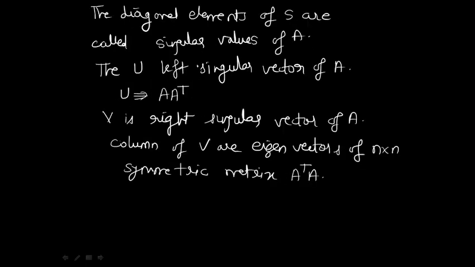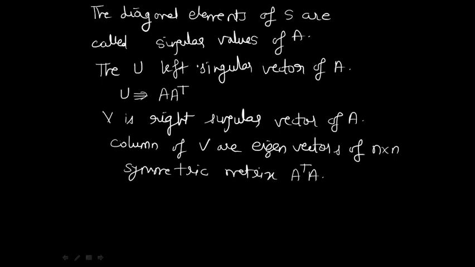This is what one has to remember. Again, how do we get U? For this, we take the help of A into A transpose. Whereas for evaluation of V, we find the normalized eigenvectors of A transpose into A. Now, in many cases, the evaluation of the eigenvectors for A into A transpose and A transpose into A becomes a tedious task.